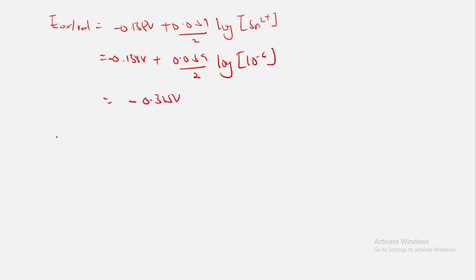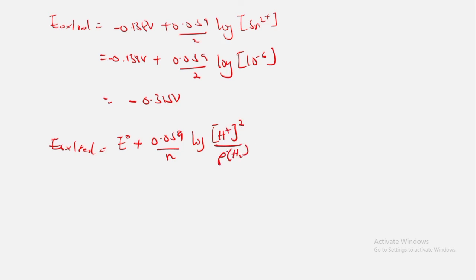And then we'll do the same for the cathodic reaction. For the cathodic reaction, we have E ox over red is equal to what? The E naught plus 0.059 divided by n, log. Now it's what? When you look at the reaction, you're going to get hydrogen ion squared over the pressure of what? Hydrogen gas.